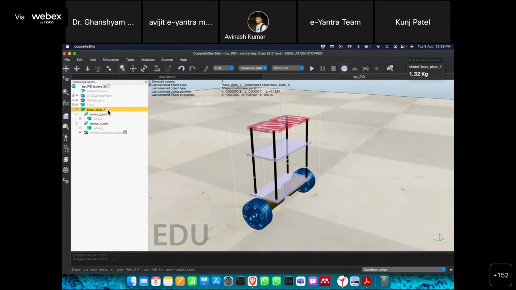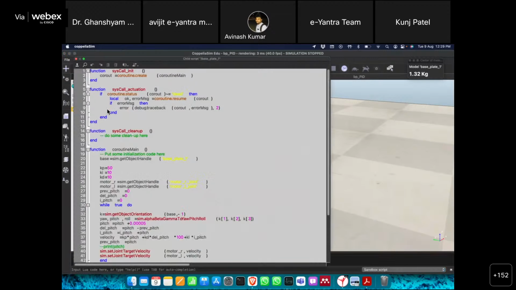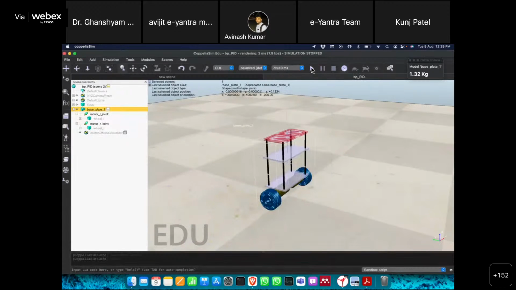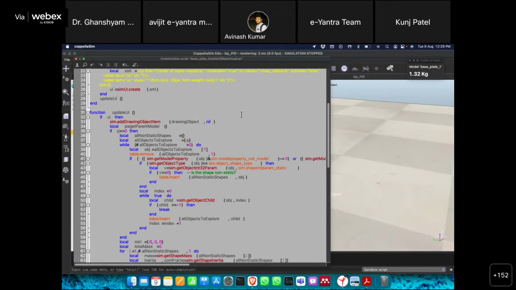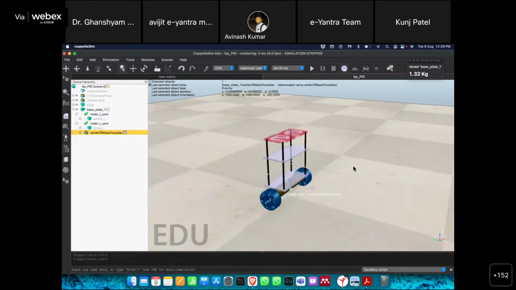Apart from that, there are also scripts called customization scripts, which will run as soon as the scene is loaded. Whatever is written in the other script will come into action when the simulation is started, but whatever is written in the customization script will start immediately as soon as the scene is loaded.